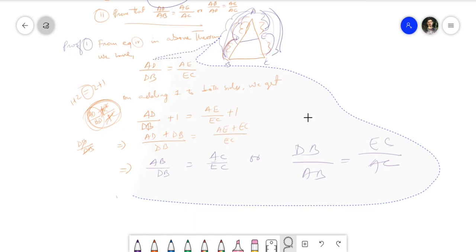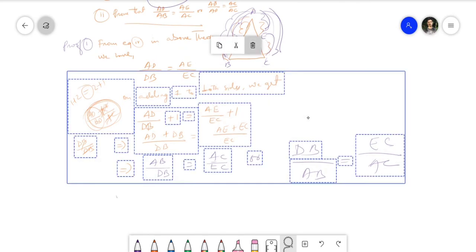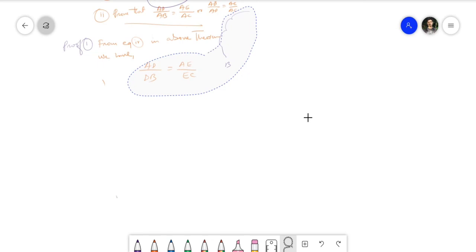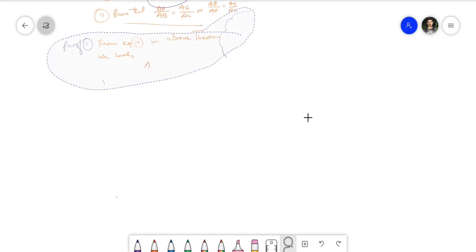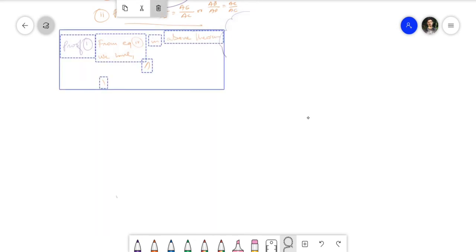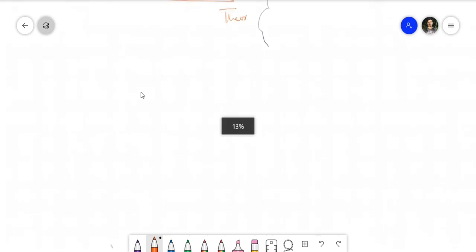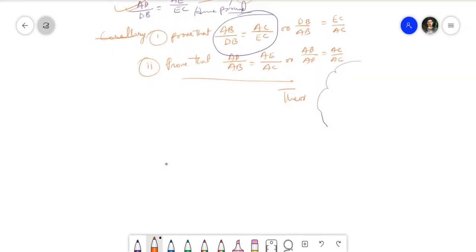Otherwise we can remove this one, no problem. Number 2 we can write. We don't have to do it again.